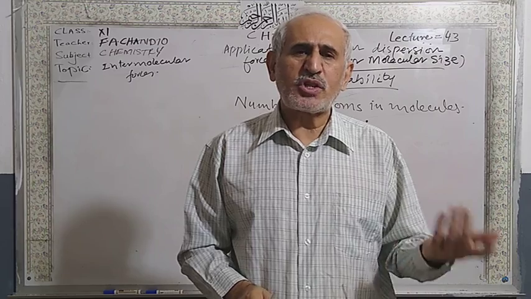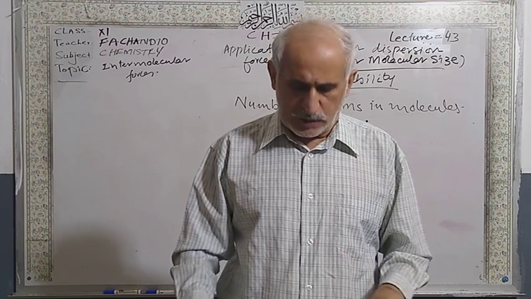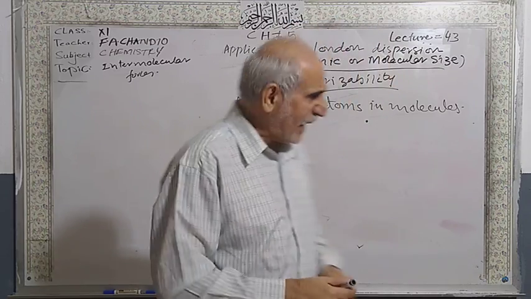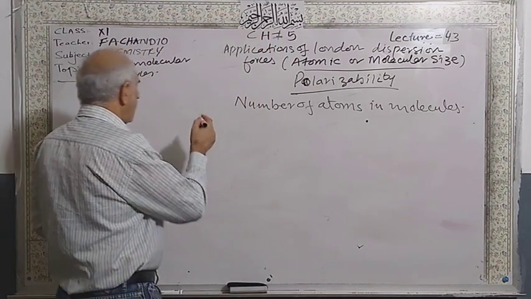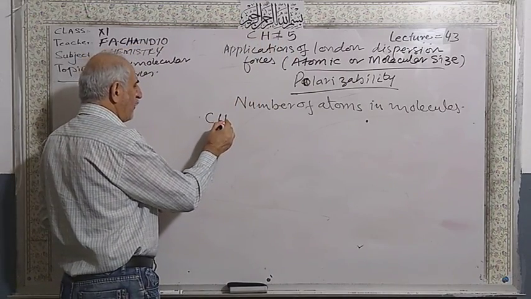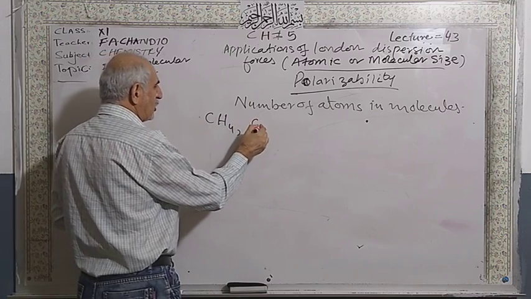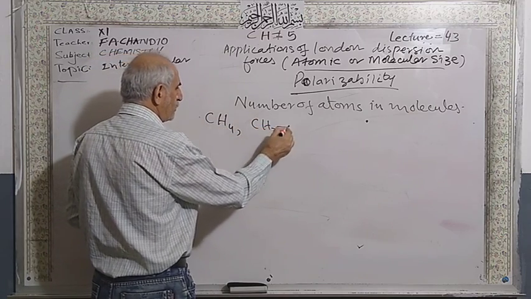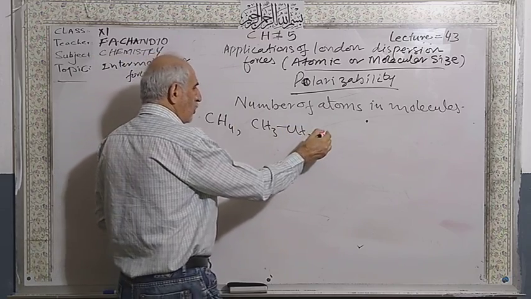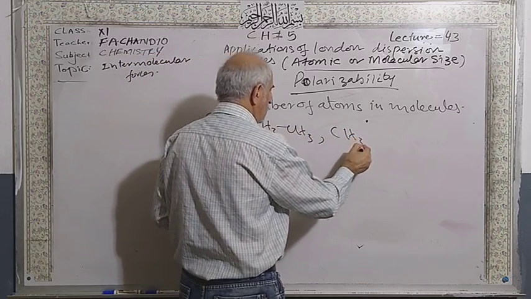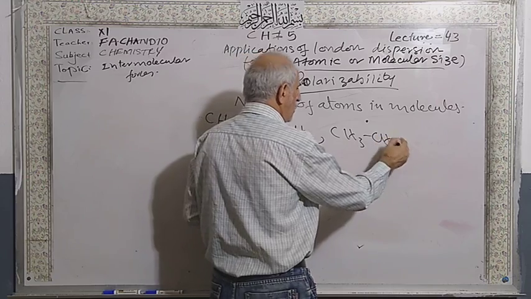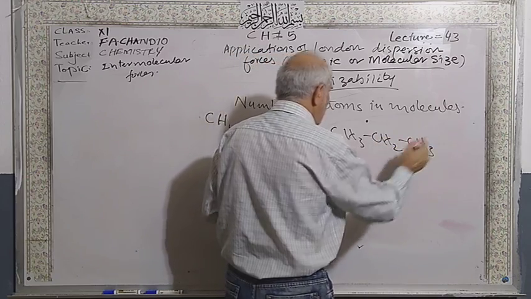So, dear students, if you see the organic compounds, alkanes, methane, the first hydrocarbon, carbon is only one, smaller size, ethane, propane, like this one.